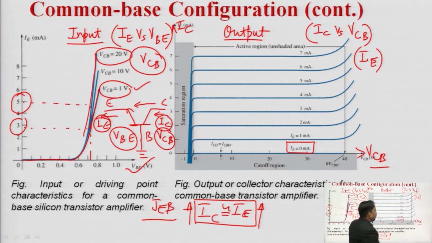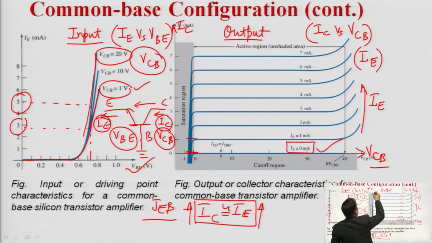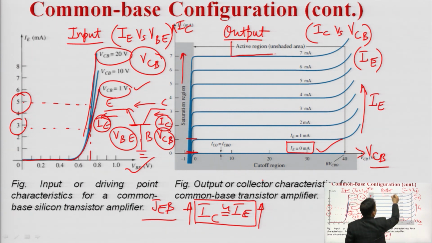So, if IE equals 0, the collector current is also 0. After that, when IE equals 1, the collector current is also equal to 1. Similarly, as we keep increasing the value of IE, the value of IC increases, and these values are equal.